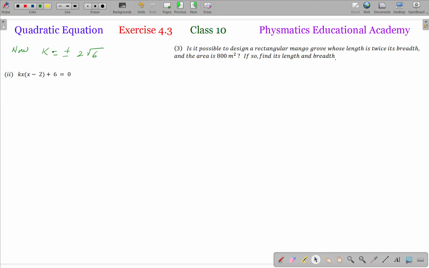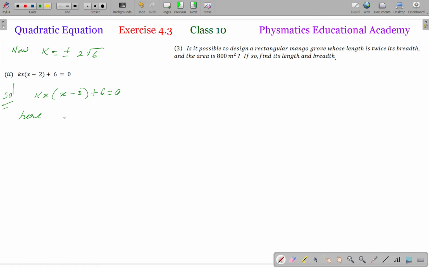Now question number 2: kx into x minus 2 plus 6 is equal to 0.